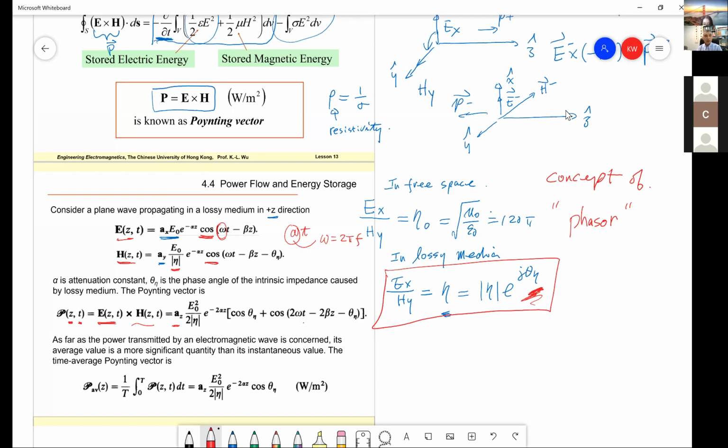So we are not interested in the instantaneous Poynting vector changing with time. What we are most interested in is the average, average over one period.